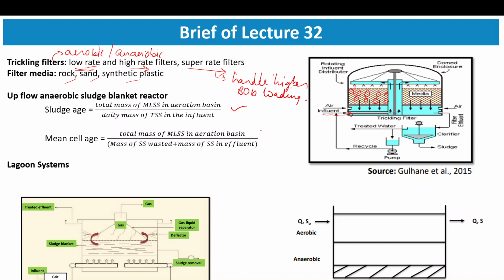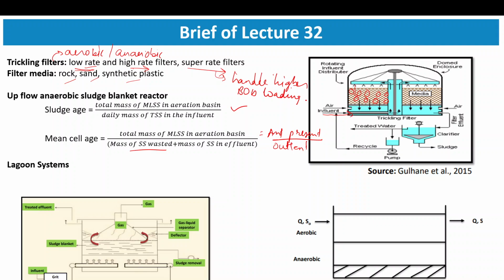It is the amount present per unit outlet. Outlet can occur in the form of wastage, where you draw some amount of sludge, and there will be some amount in the effluent. Based on that you calculate the mean cell age.